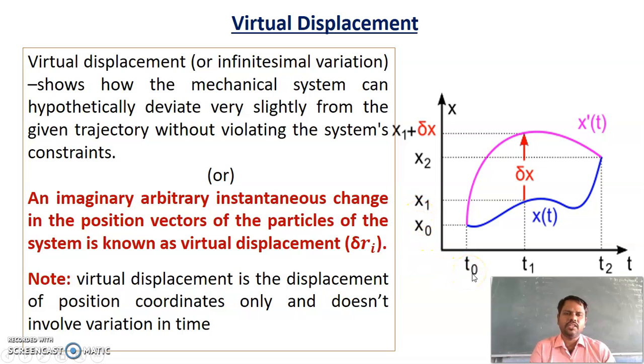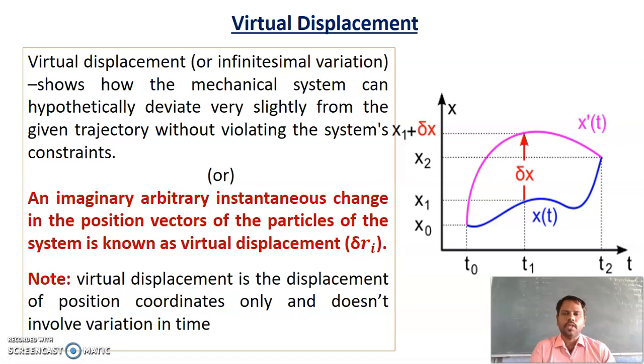For time t equal to 0, the position is A. For time t equal to 2, the position is B. However, for time t1, imagine a particle hypothetically deviates very slightly from a given trajectory without violating the constraints. Such displacement is known as virtual displacement.